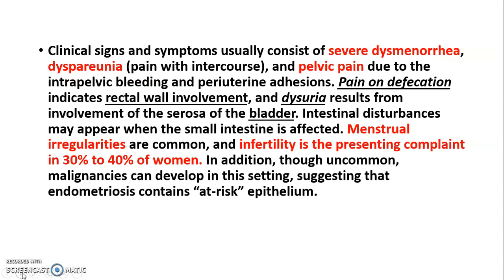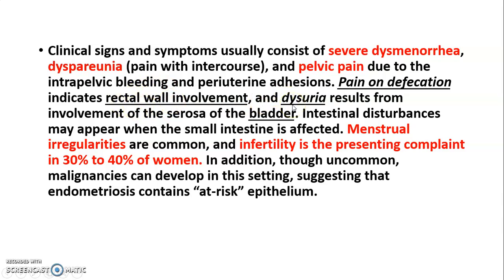Clinical signs and symptoms are severe dysmenorrhea, dyspareunia, and pelvic pain due to intrapelvic bleeding and periuterine adhesions. Pain on defecation indicates endometriosis in the rectal wall, means the rectal wall is involved.